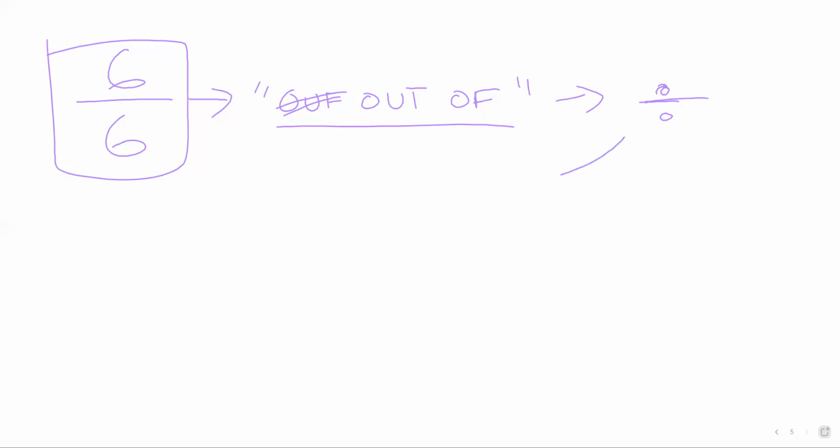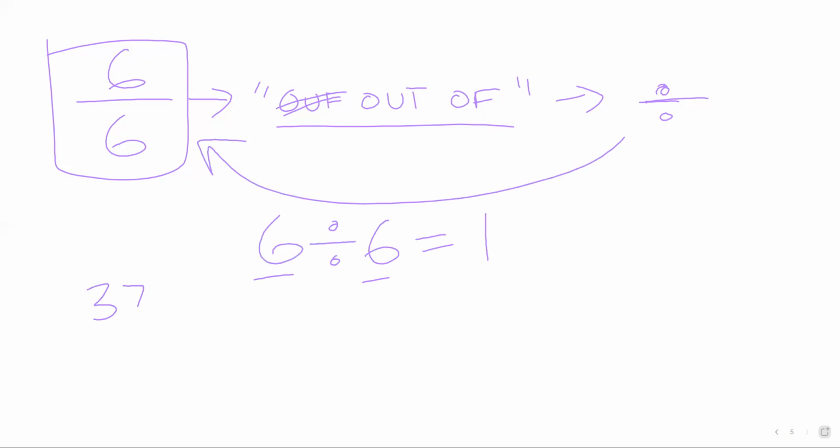And so if you think about what this actually says, 6 is divided by 6, and any number divided by itself equals 1, which is why, again, 37 out of 37 really means 37 divided by 37, which really just equals 1.